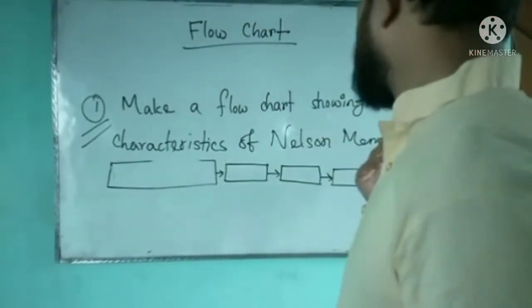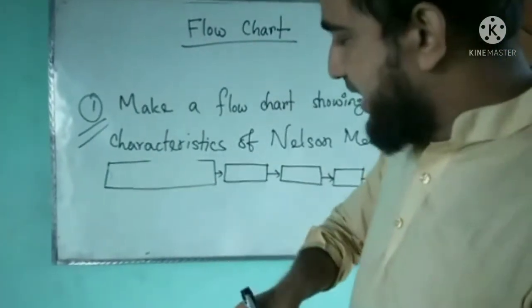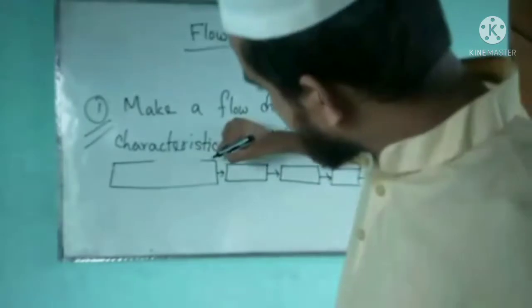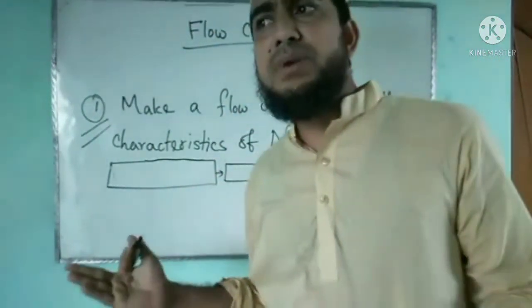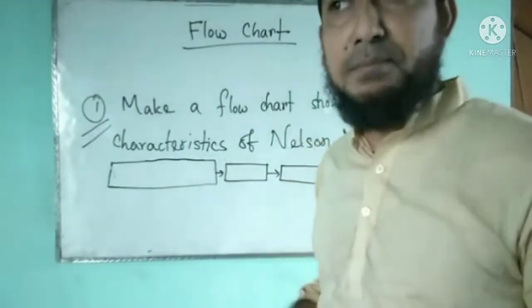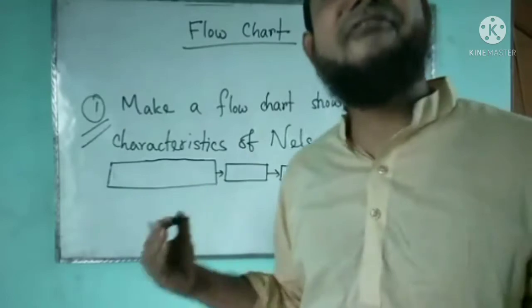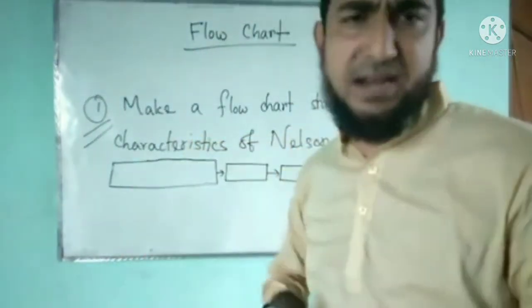Suppose make a flowchart showing the characteristics of Nelson Mandela, and in the passage we get: Nelson Mandela fought against the white minority. We can just omit Nelson Mandela from the sentence.